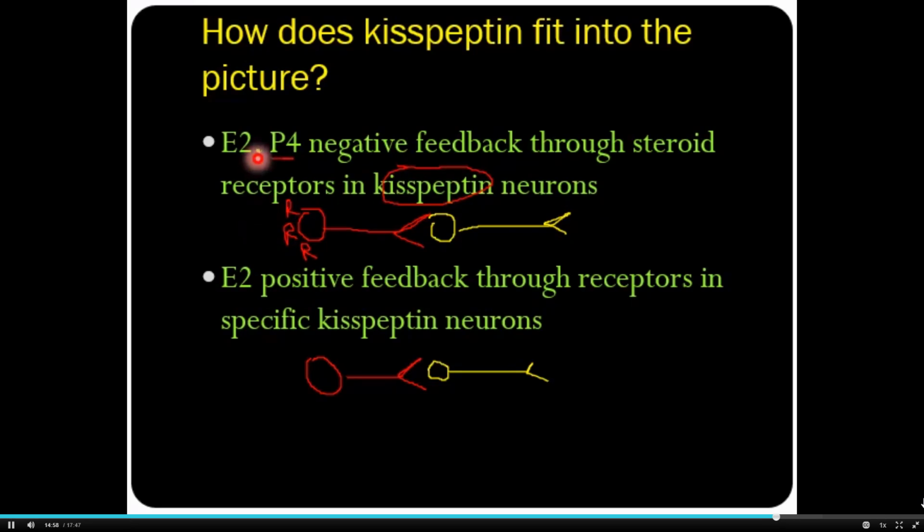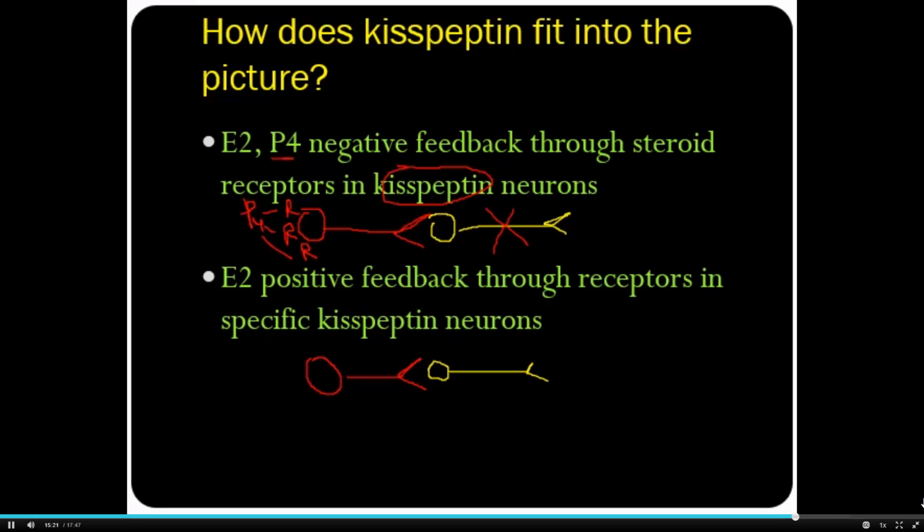Here's our P4. P4 is going to bind to those receptors, and it's essentially going to prevent the GnRH neuron from releasing GnRH. So in this example, we're not going to get any GnRH.